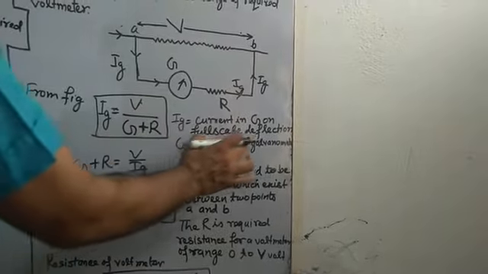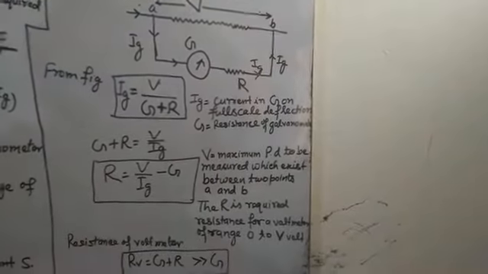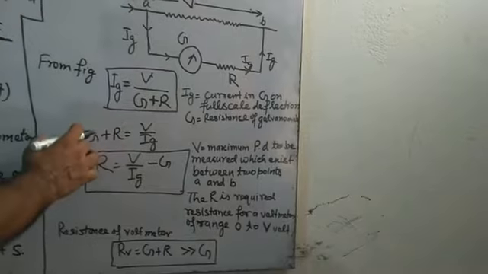G is the resistance of the galvanometer and R the resistance required to convert the galvanometer into a voltmeter of range 0 to V volt.